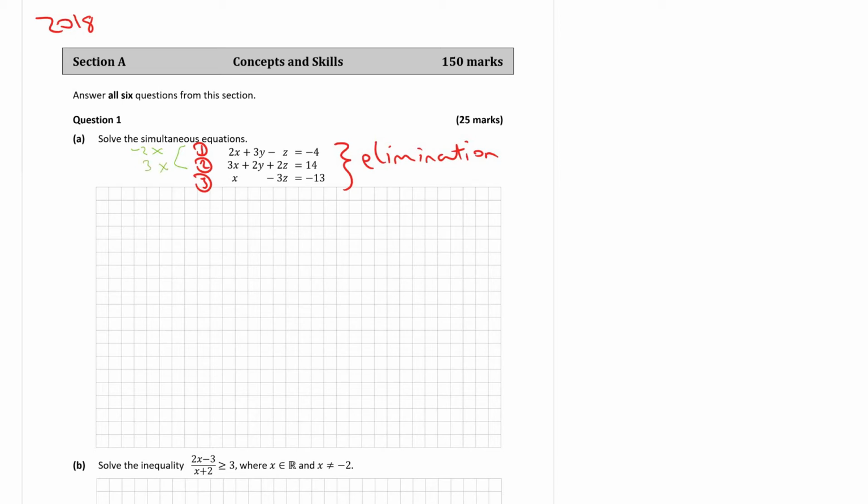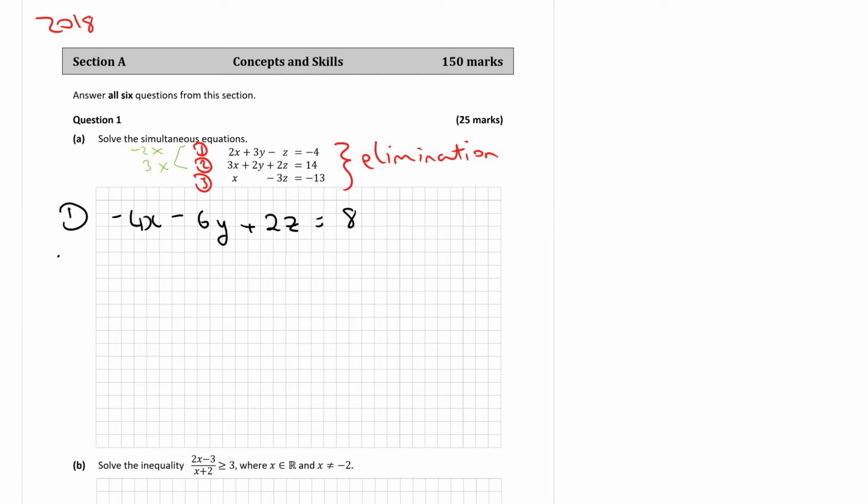So I'm going to rewrite 1 and that's going to be minus 4x because I'm multiplying it by minus 2, minus 6y plus 2z is equal to 8. So that's multiply line 1 or equation 1, every term there, by minus 2.